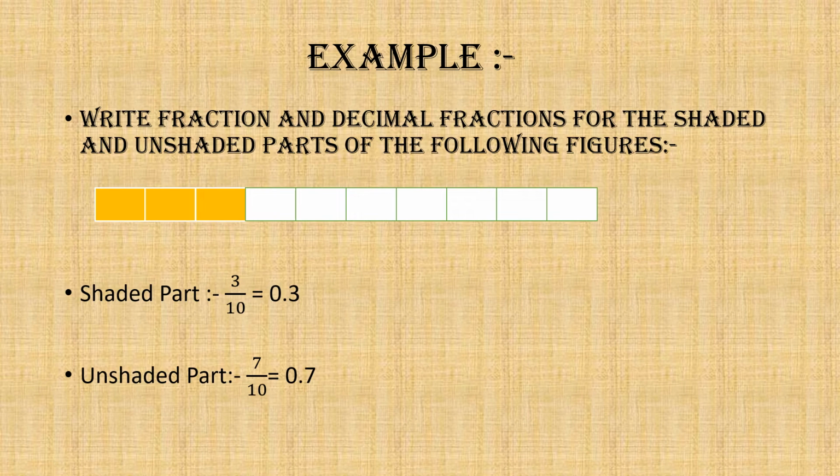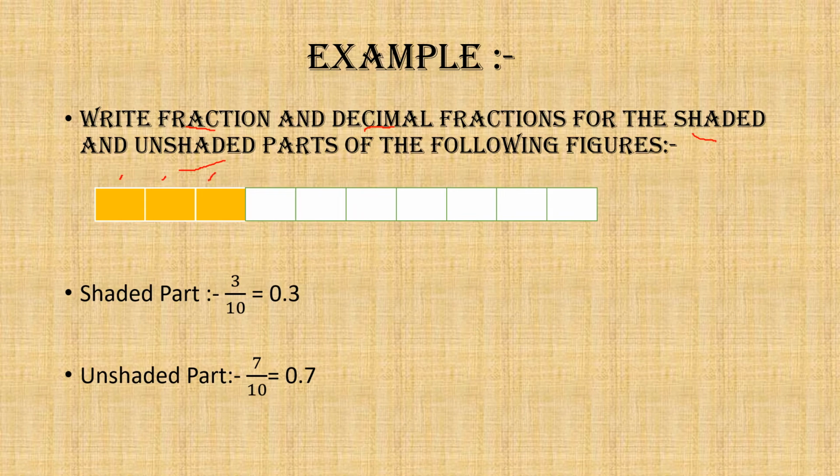Now here you can see in the example the question is to write the fraction and the decimal fraction. You need to write the fraction and the decimal fraction for the shaded and the unshaded part. First of all we'll go with the shaded part. How many are colored here? 1, 2 and 3.